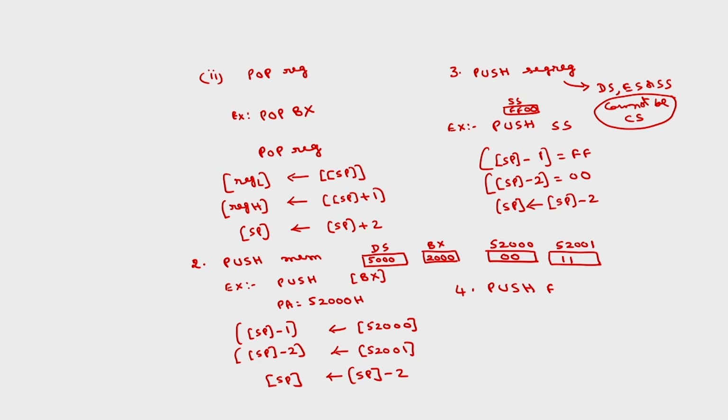Similarly, here we have the flag register, lower order flag register and higher order flag register. So initially the higher will be saved to SP minus 1, lower order to SP minus 2, SP becomes SP minus 2.